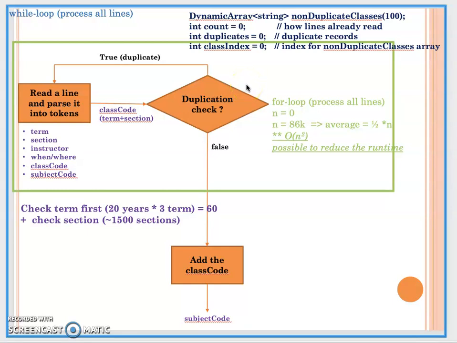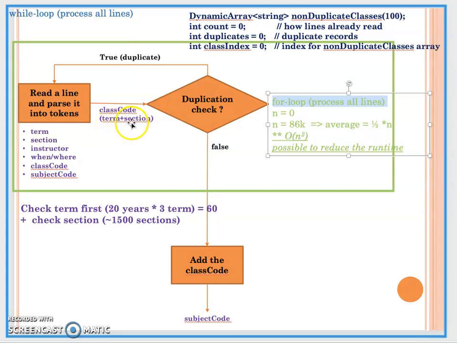At the end of the previous video, I talked about our assignment 5, where we have the for loop with n squared runtime. But the most important thing is, in the duplicate check for loop, we process all lines with the class code, that's the term plus section.